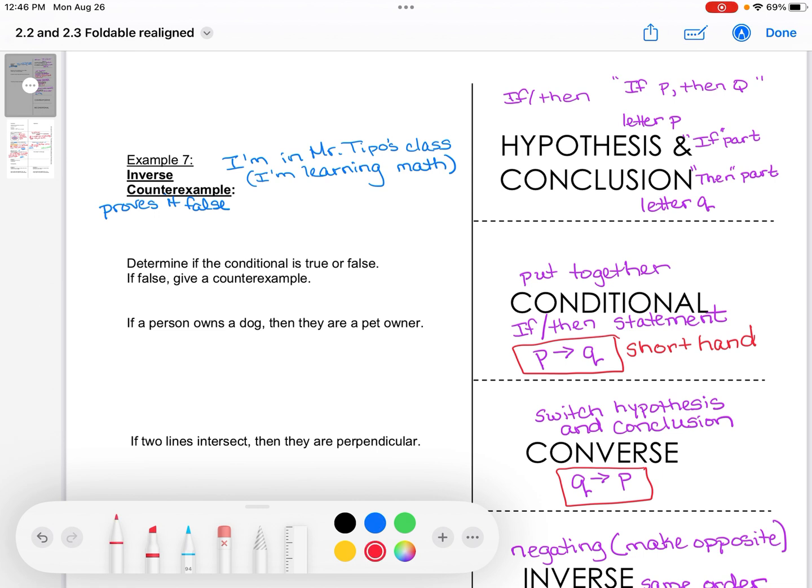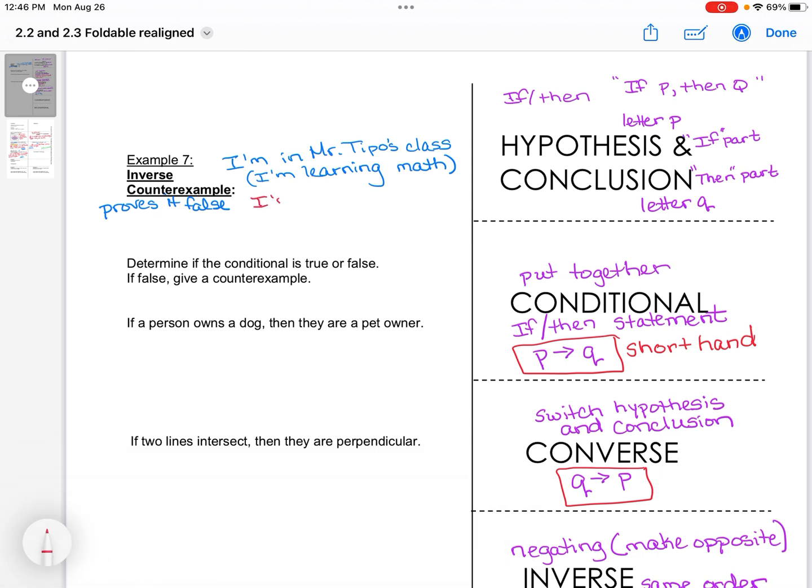Another one might be, we just said, I'm in physics. I'm learning math. Also a counterexample. Hope that makes sense. So we'll come back and do those other counterexamples in a minute.